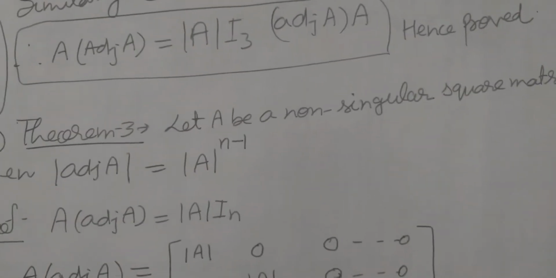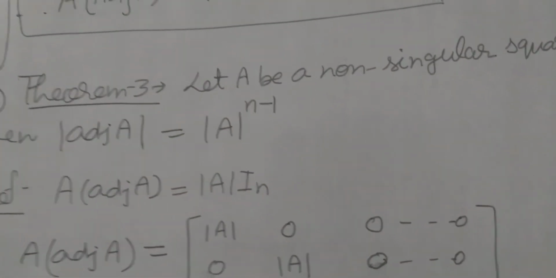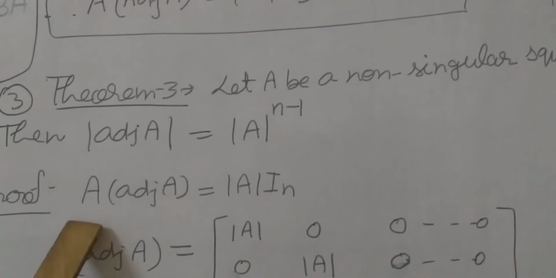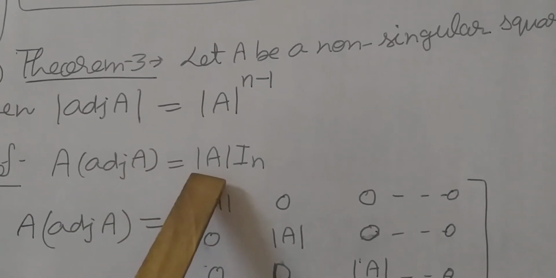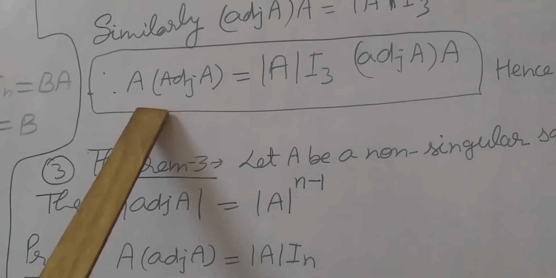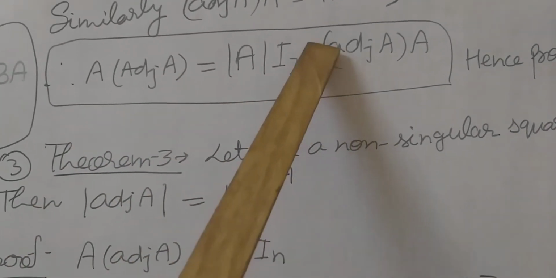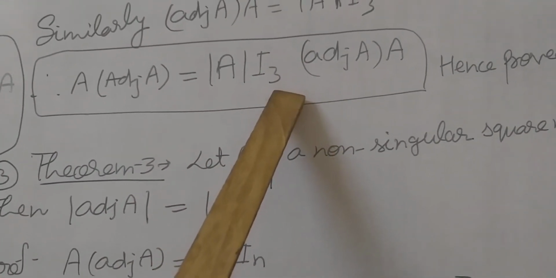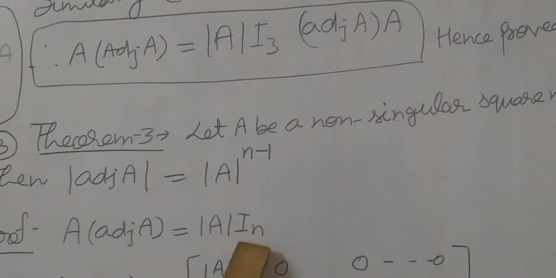Now students, let us prove this. We know that A into adjoint A equals determinant of A into In. This part I have just now proved. In the place of 3, I can write n, as I told you.